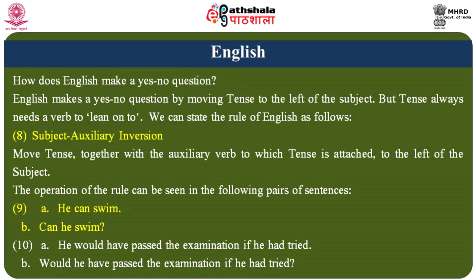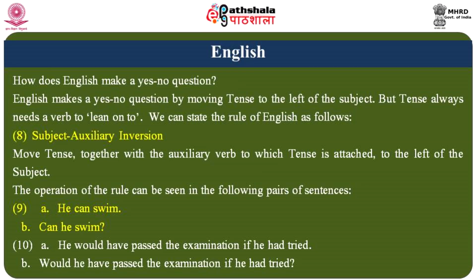So tense, when it moves to the left of the subject, takes with it the auxiliary verb it is attached to. We can state this rule of English as follows. Subject auxiliary inversion. Move tense together with the auxiliary verb to which tense is attached to the left of the subject.